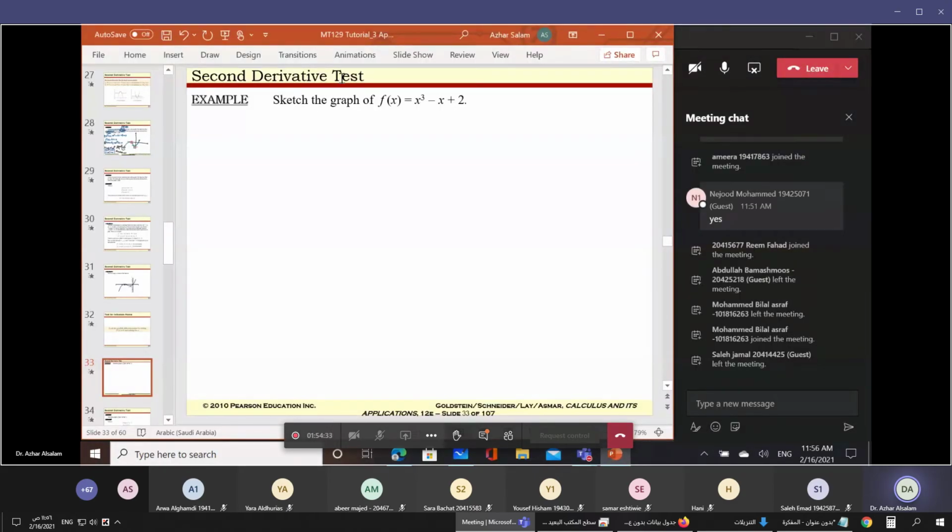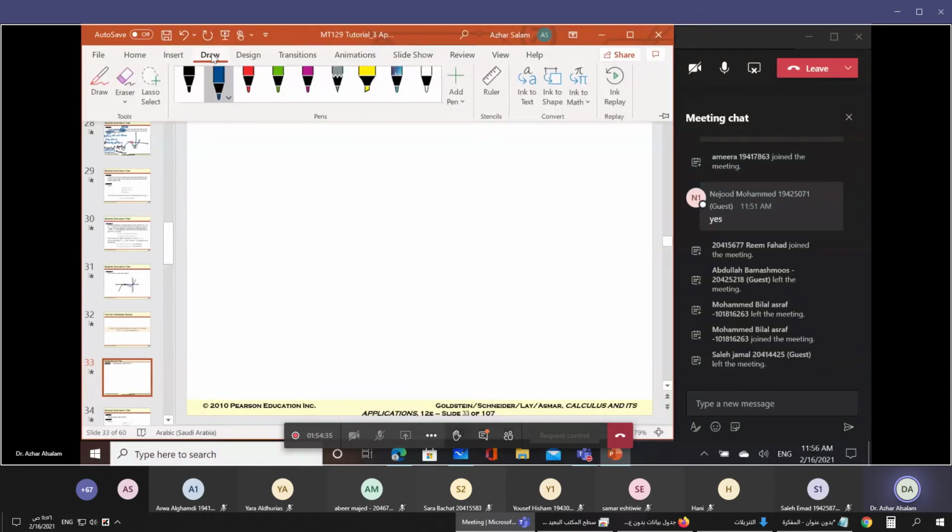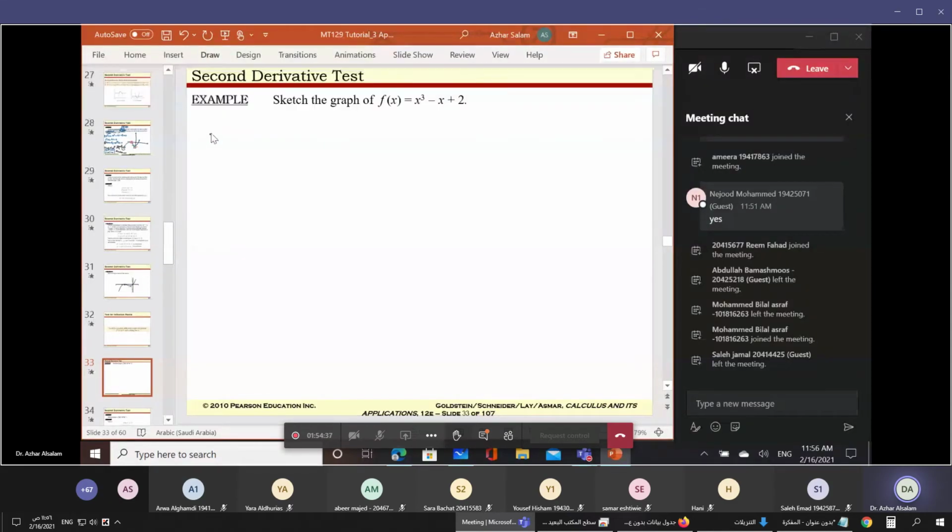Okay, we'll sketch this graph. The main important thing is, I will find first the maximum and minimum values. So I will find first the critical points. This is the first step. The second step, I will use the second derivative test to find the minimum or maximum.